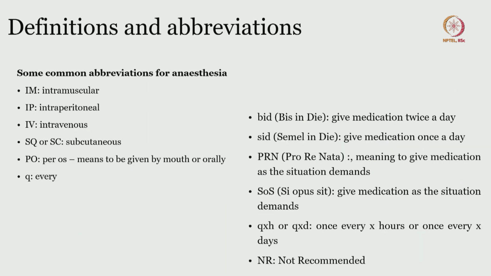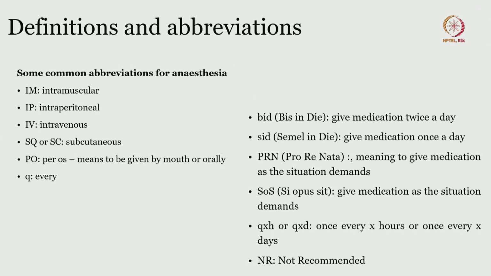And another important aspect that you all need to learn and be familiar with is these abbreviations, which are standard and most commonly used in all medical practice and veterinary practice, and you will also see them in the literature. So I selected a few of them which are really important.